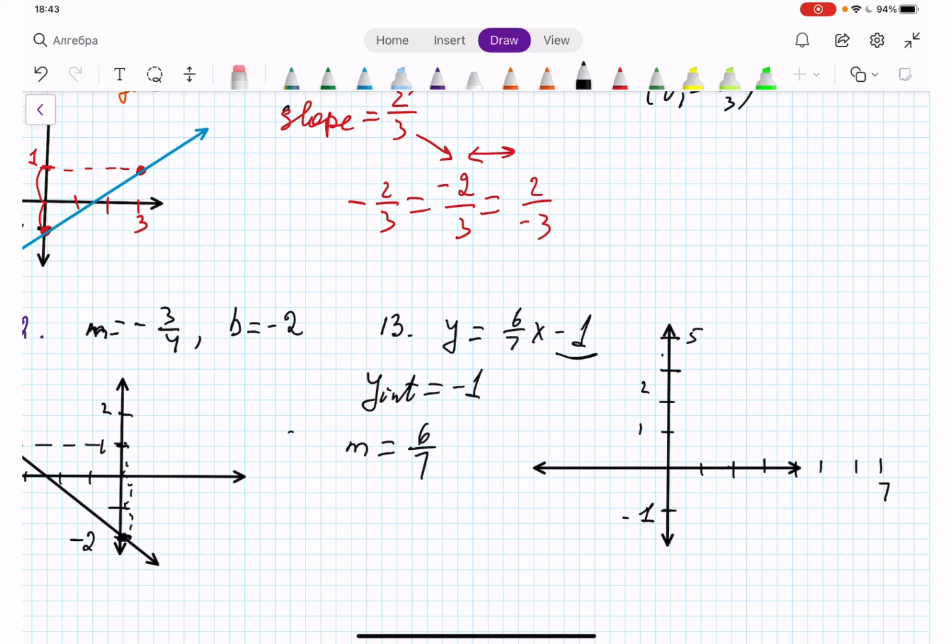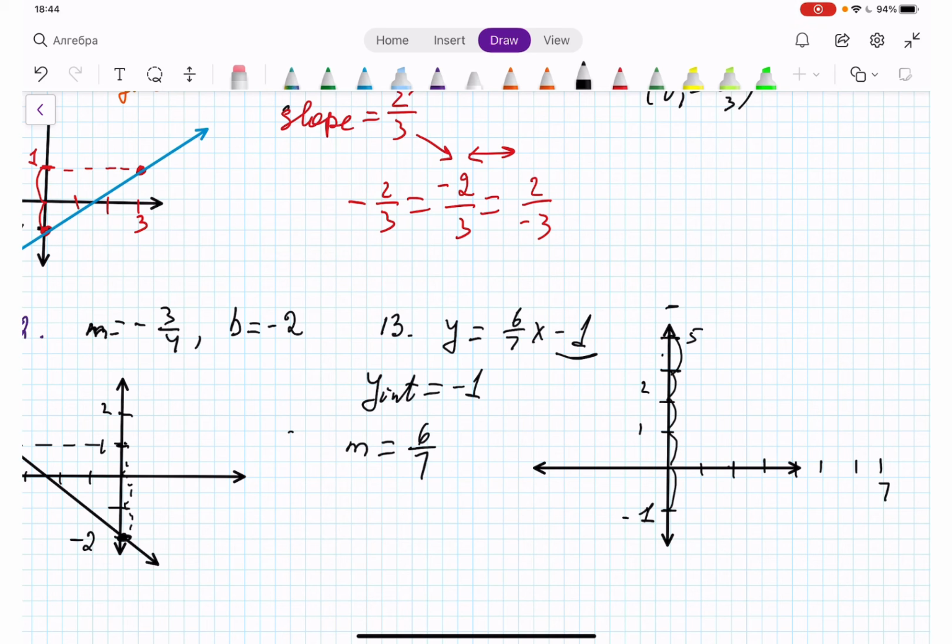Okay, let's see. So 6 over 7, from -1, I'm going up by 6. So it's going to be 1, 2, 3, 4, 5, and 2 more. It's going to be 6. But from -1 should be 5.